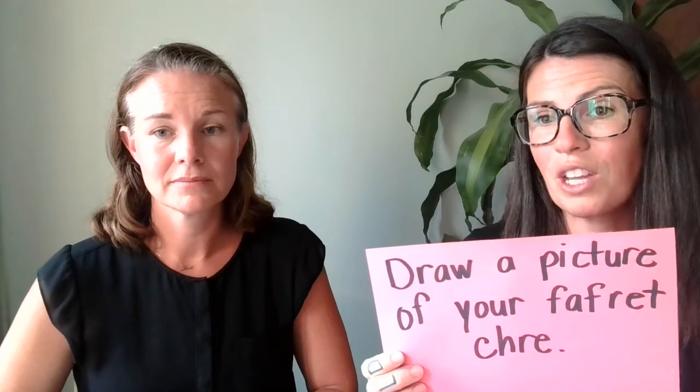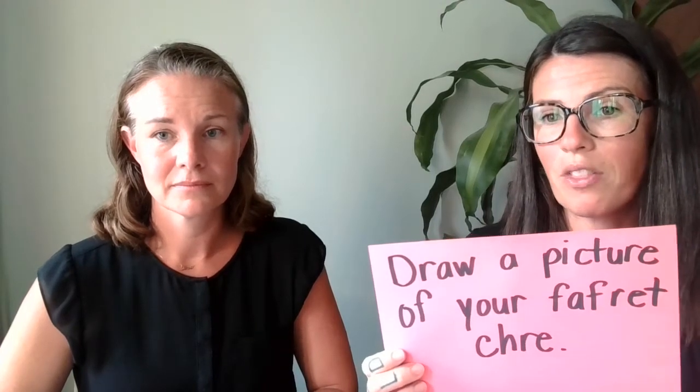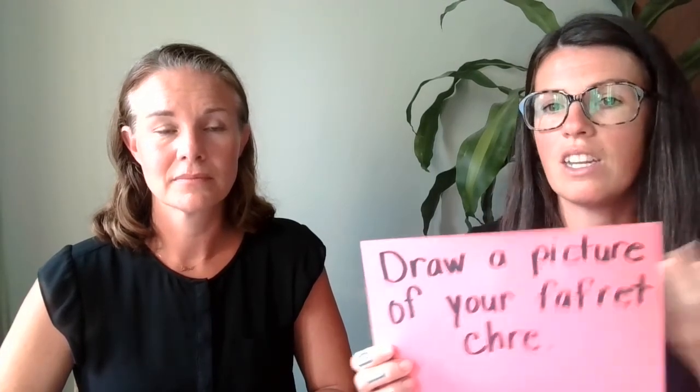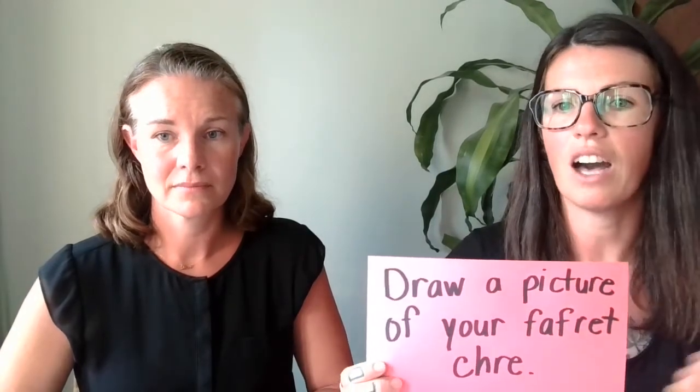And so in this example, the child did actually hear the right sound. They just weren't turning their voice on. So when they went to write the word, they didn't recognize that they needed the voiced version instead of the unvoiced version.